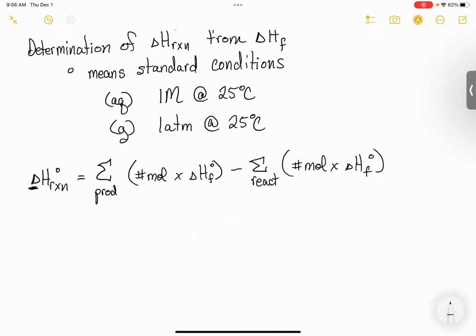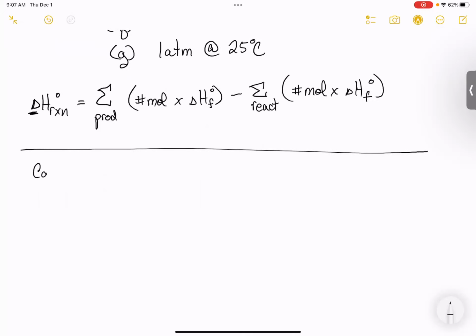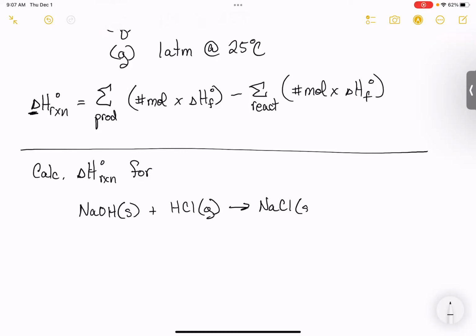So let's look at an example. Let's calculate the enthalpy of reaction for sodium hydroxide solid reacting with hydrochloric acid gas to form sodium chloride solid plus H2O gas.